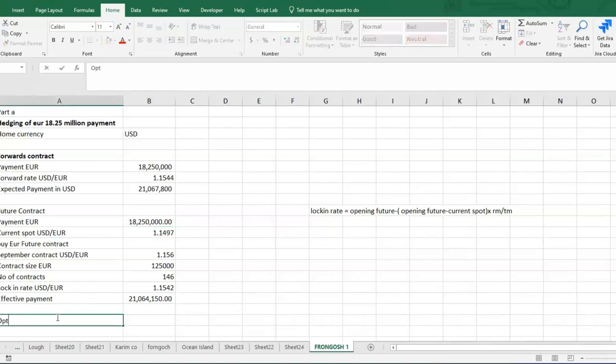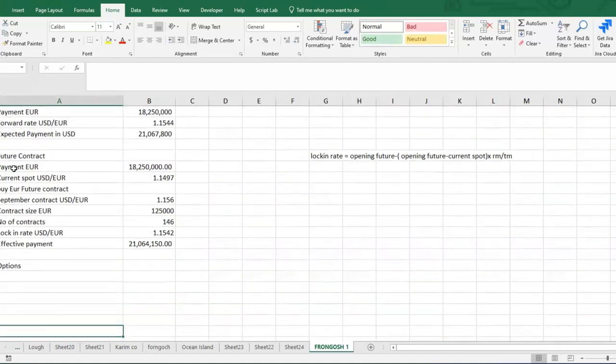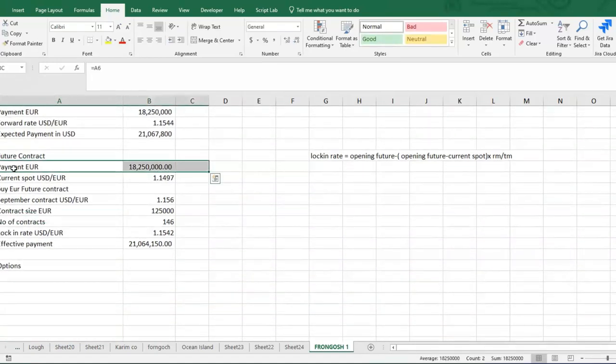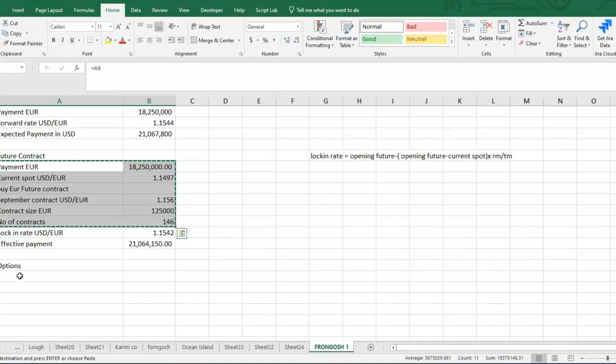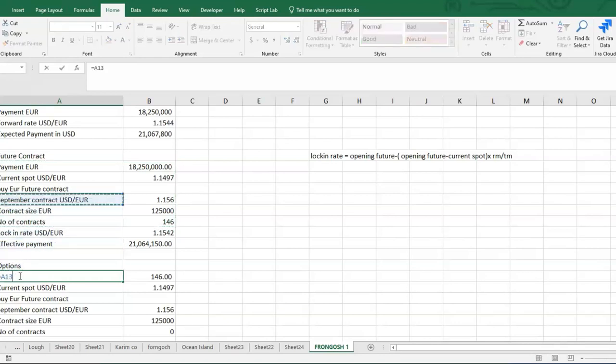Okay. Then options. Whenever there is an option contract, copy all the steps of future, at least the first 4 steps till the number of contracts. Copy here. Obviously, we will change it. Payment.